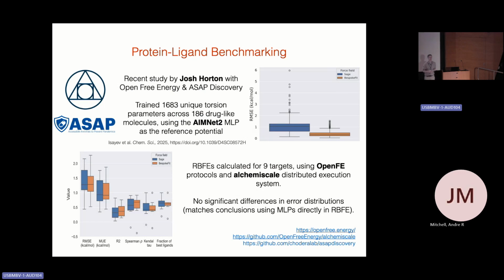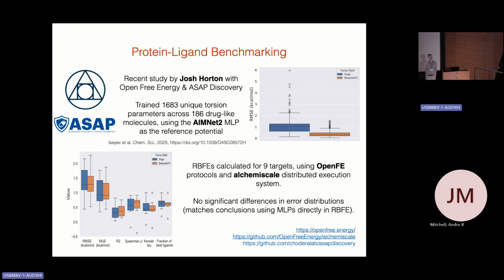So Josh now works with Open Free Energy, and this is also in collaboration with ASAP Discovery. So he did a huge benchmark training of over 1,600 torsion parameters across more than 180 drug-like molecules, using the very nice AIMNet2 machine learning potential as the reference to train against. So as we expect, Sage agrees reasonably well with AIMNet2, but after fitting, the energies agree much better.